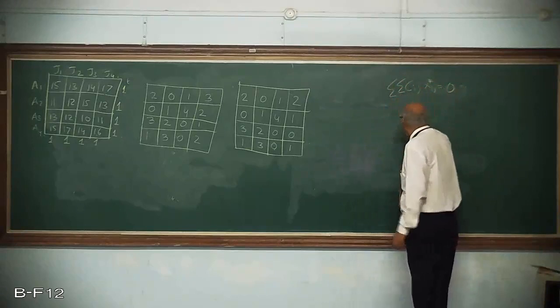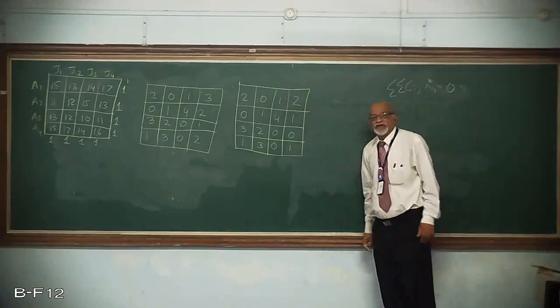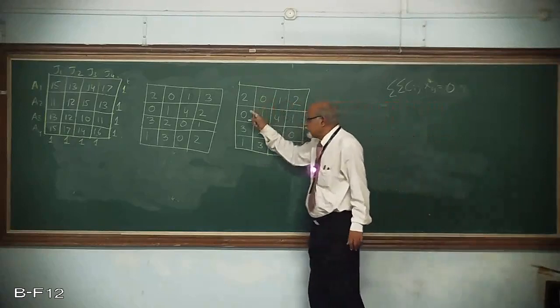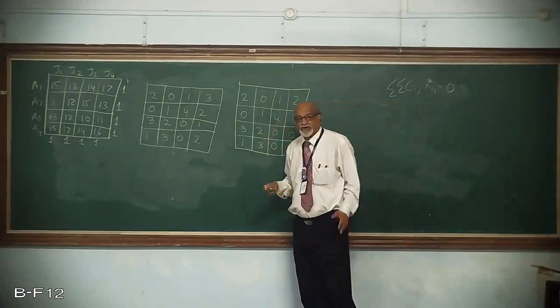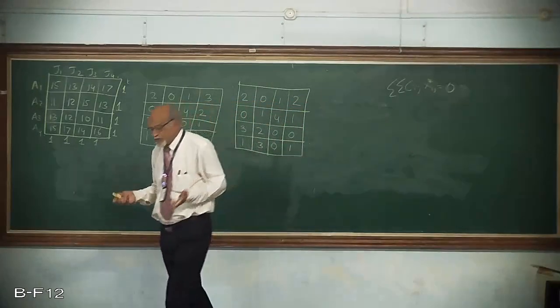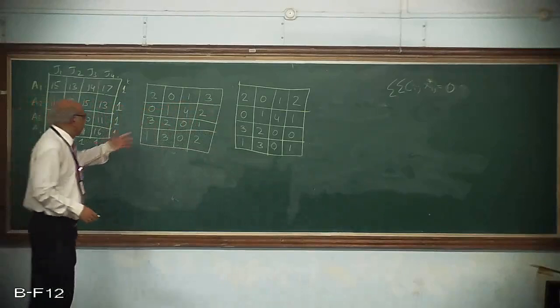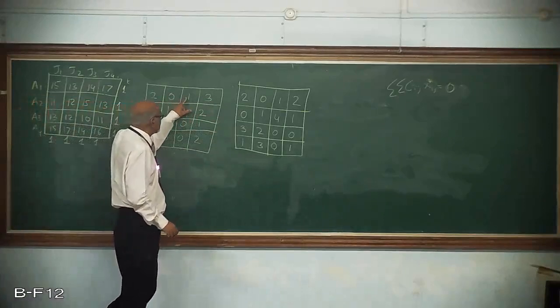I want to make the Cij value 0. That is why I have created that. Wherever xij is allocated, it will be 1, elsewhere it is going to be 0.